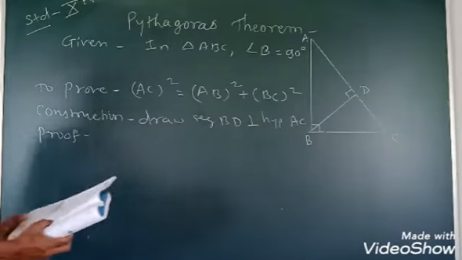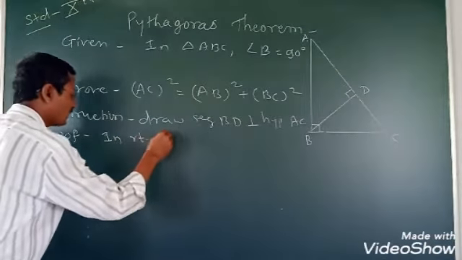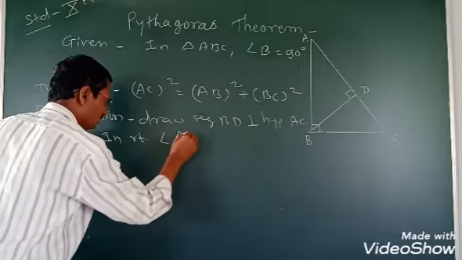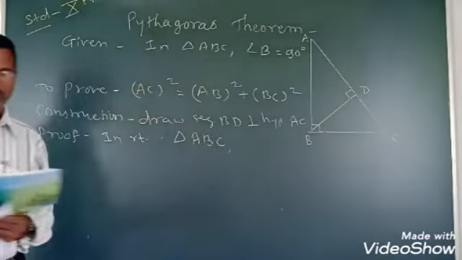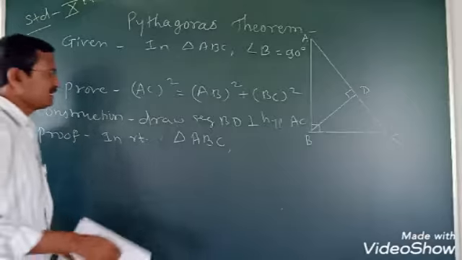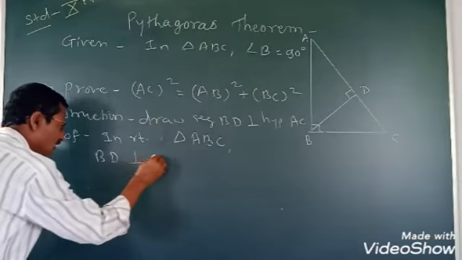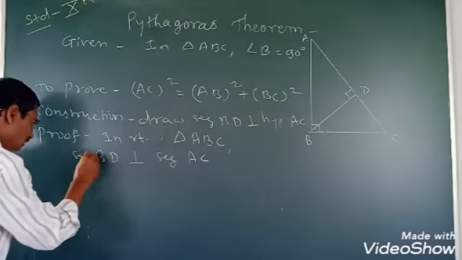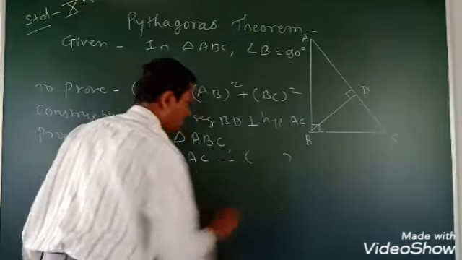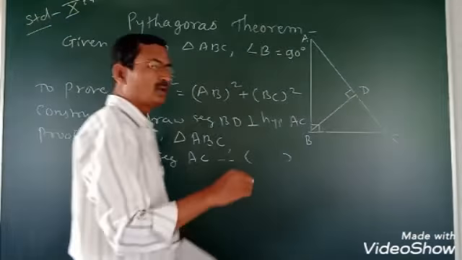In right angle triangle ABC, what is given? BD. Now we construct it. Segment BD is perpendicular to hypotenuse AC by construction. It is our construction. Now therefore what happened?